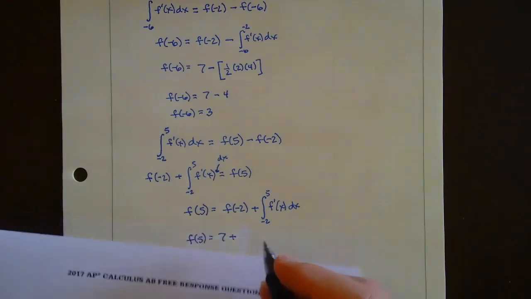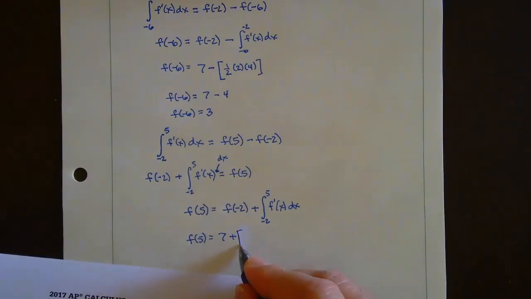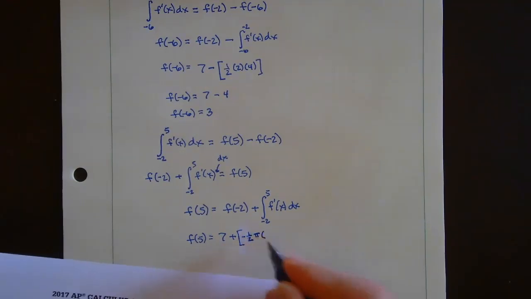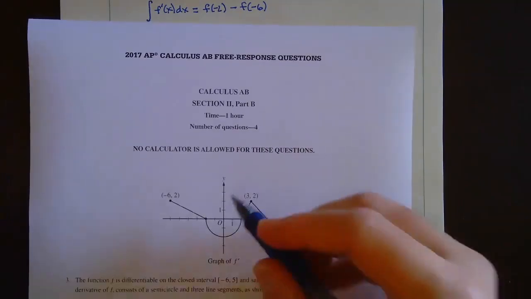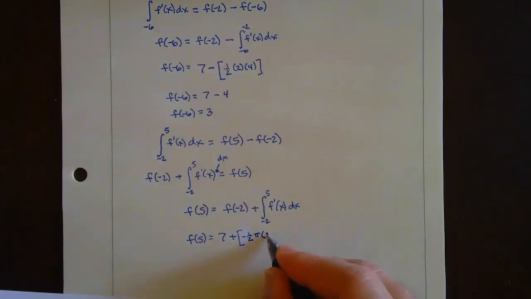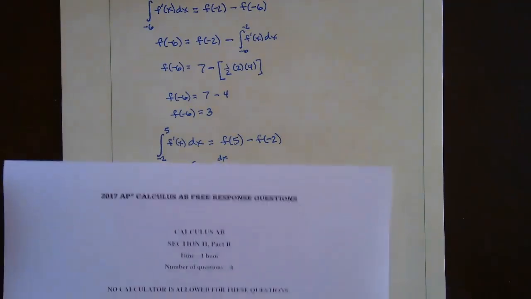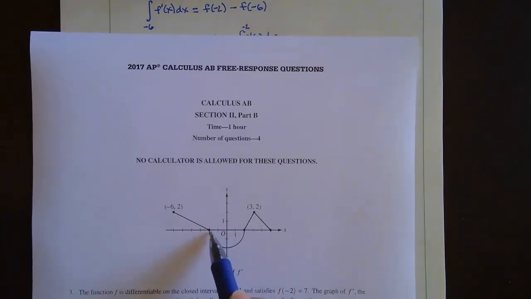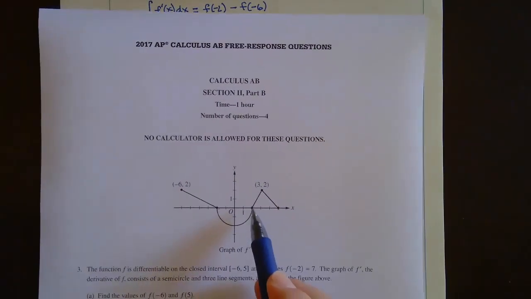It's going to be negative 1/2, because it's half a circle, pi times the radius, and the radius is 2, so minus 1/2 pi 2 squared. That takes care of the integral from -2 to 2.